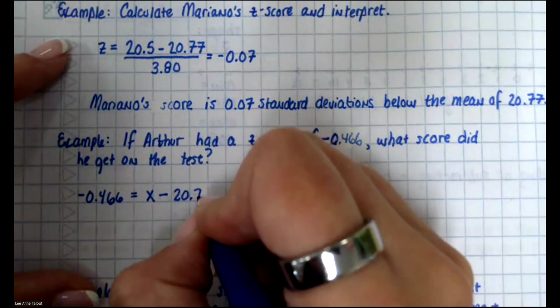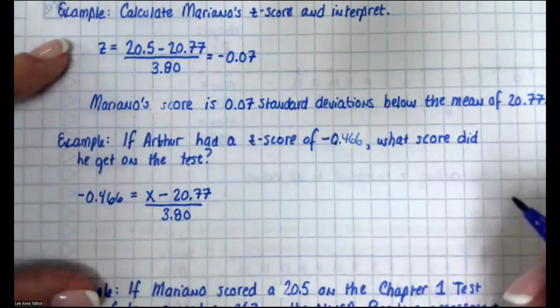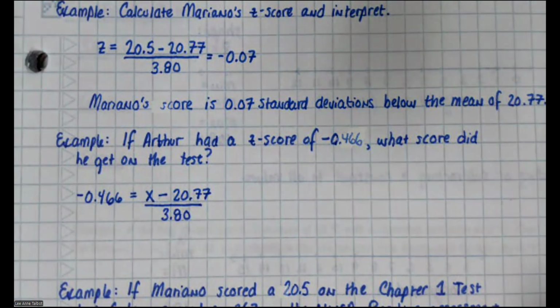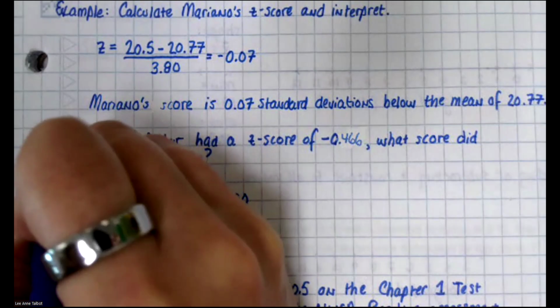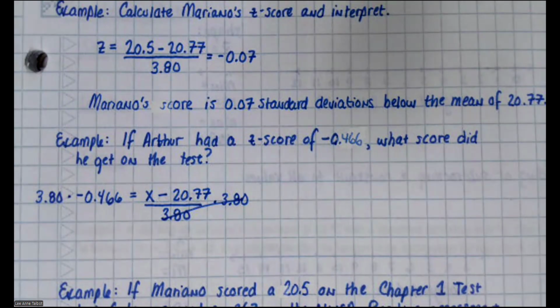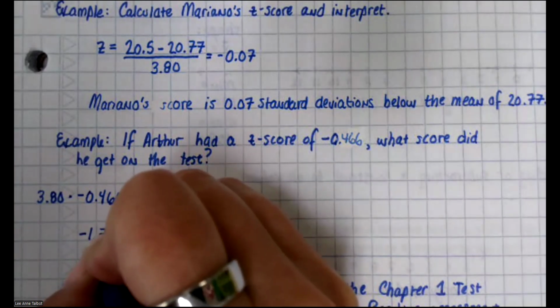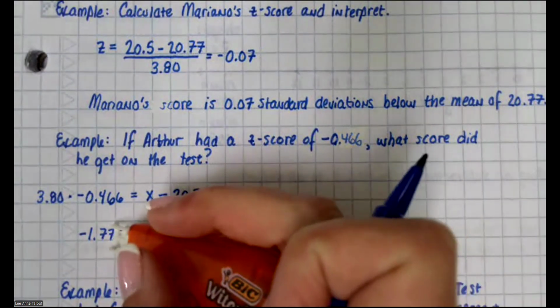Minus the mean divided by the standard deviation. For me, I like to multiply both sides by 3.80. We probably just need the 7, huh?